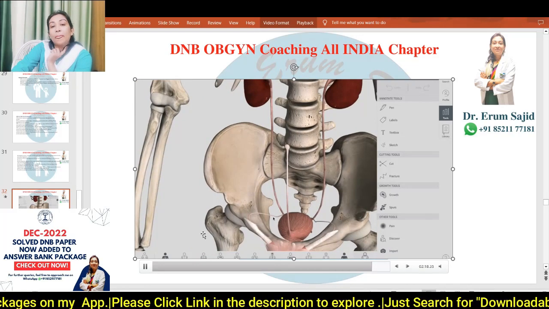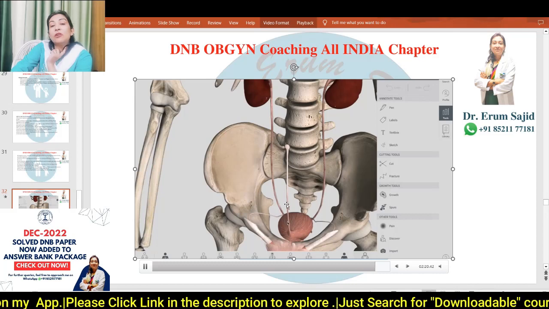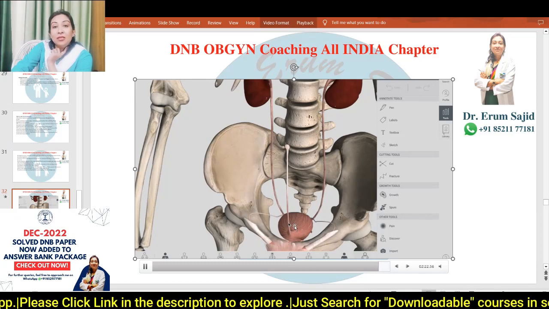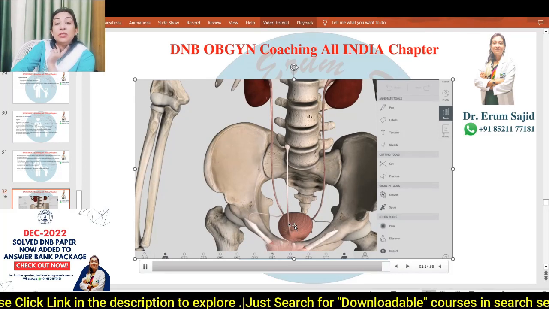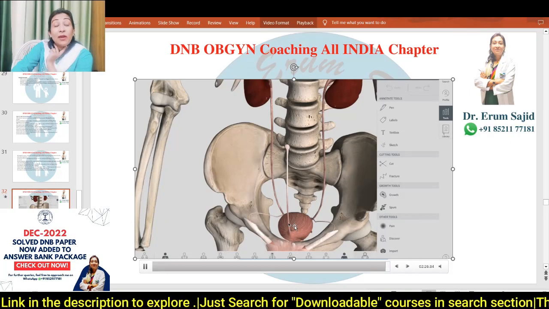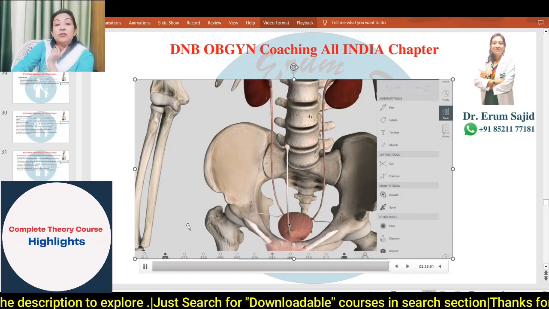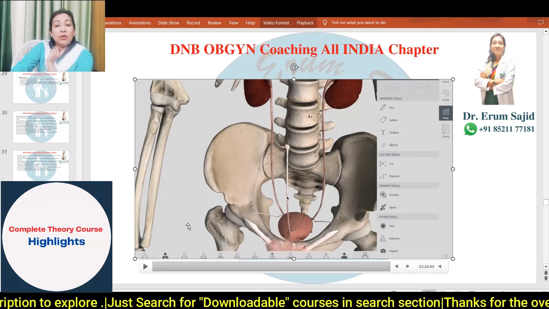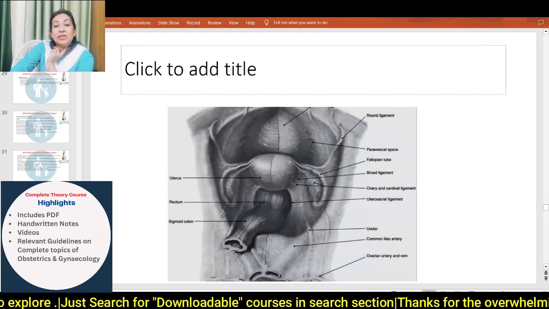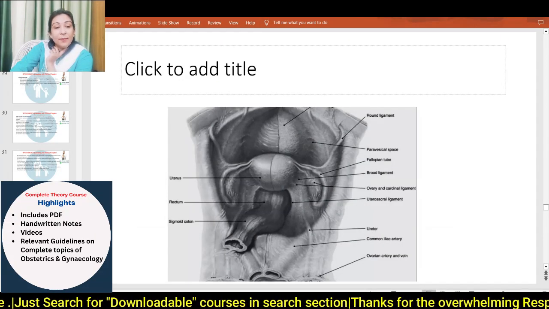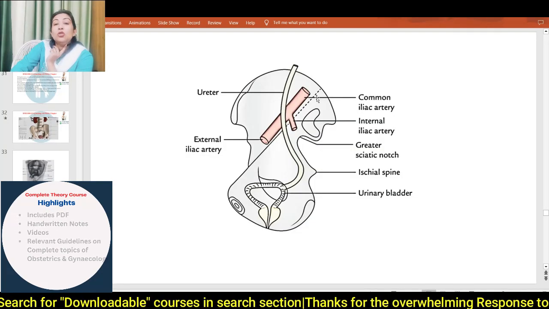They're trying to show that here is the bladder and its relations. I had already mentioned this in my last lecture. Again, taking a 3D image, and now we'll see the next diagram. In fact, this I'll take up first. So this is the division.